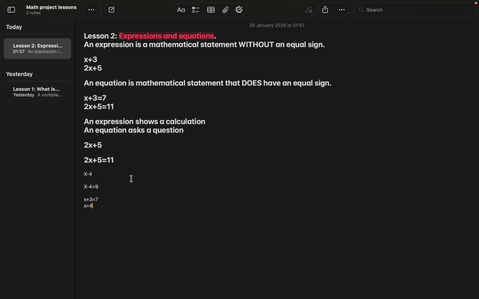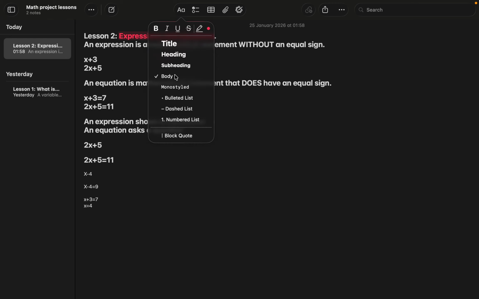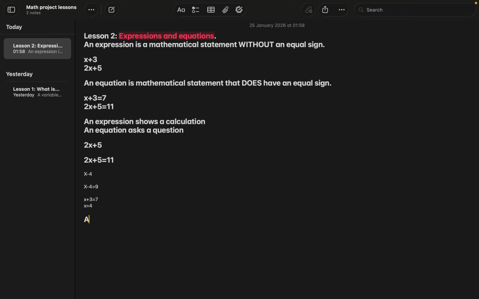Let's summarize the main ideas. An expression does not have an equal sign, right?